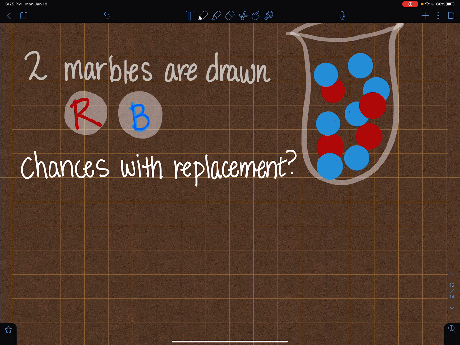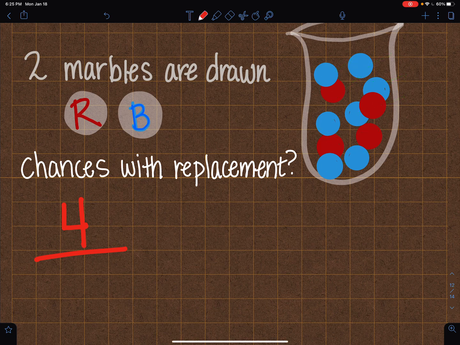So let's figure out what are the chances of pulling out a red. Let's count all the red ones: 1, 2, 3, 4. Your chances of getting a red are 4 out of all the marbles that could be there, so 1, 2, 3, 4, 5, 6, 7, 8, 9, 10, 11.